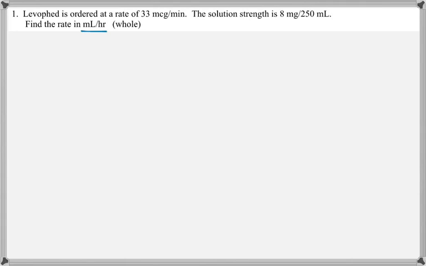So I need to convert it from a powdered form to a liquid form and change the time frame from minutes to hours. So I want to set up the 33 mcg in a proportion with the solution strength.